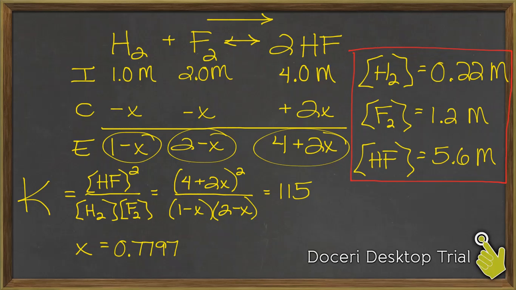Then we plugged these expressions into the K expression, set equal to the K value, and we graphed it. I know you might be thinking that was a lot of work just to get x, but I promise you, the more you do this graphing routine, the faster you'll get at it. If you do it enough times, it becomes second nature to find that intersection value.